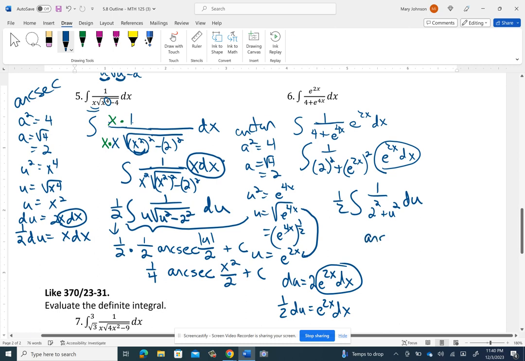Then this is an arctangent problem. And with arctangent, you do 1 over your a. We already had a 1/2 though, so I need to bring that down too. And then it's going to be the u over 2 plus c. So our answer should be 1/4 arctan of e to the 2x over 2 plus c.